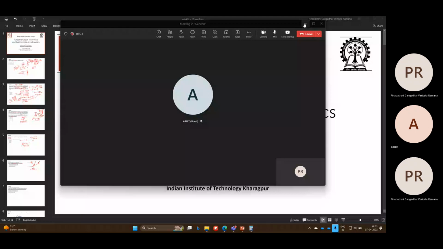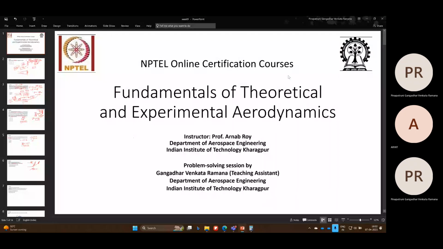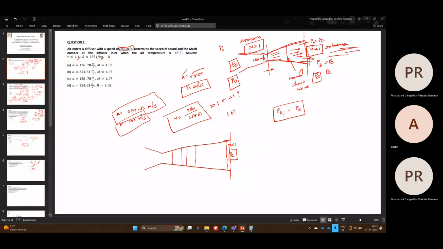So, welcome to today's session. We are in week 10 of the Fundamentals of Theoretical and Experimental Aerodynamics problem solving session. Professor Arnob Roy is the instructor for this course, and I'm Gangadhar Venkatramana, the teaching assistant for this course. Last week, we discussed a few problems on nozzle flows and supersonic flows, basically high-speed flow aerodynamics.